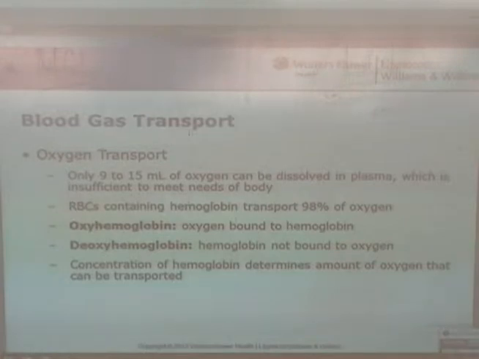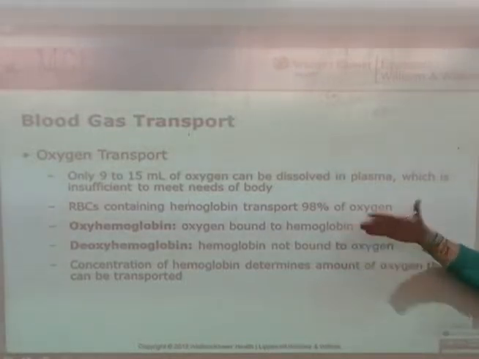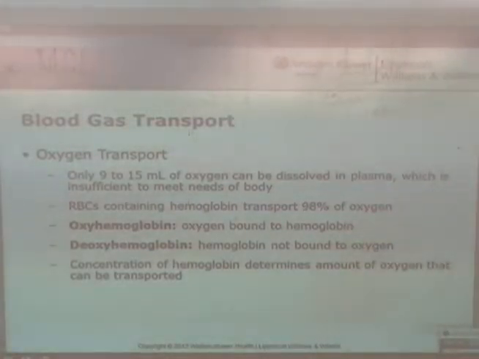The most beneficial position is to have all our hemoglobin bound to oxygen. That's called saturation. If we can have all our hemoglobin carrying oxygen, then that's our capacity. That's the most we can transport at that point in time.